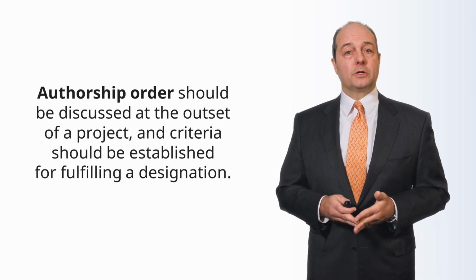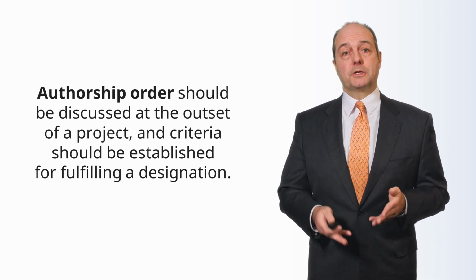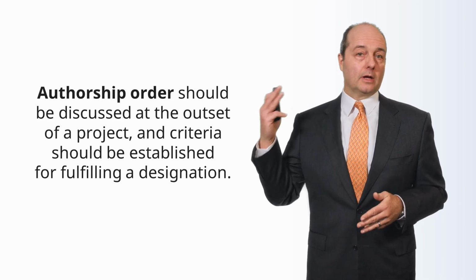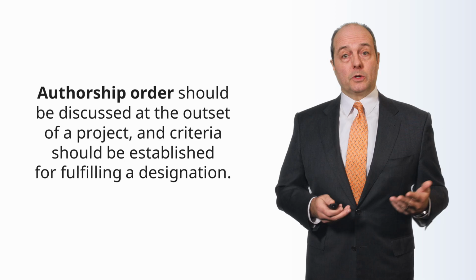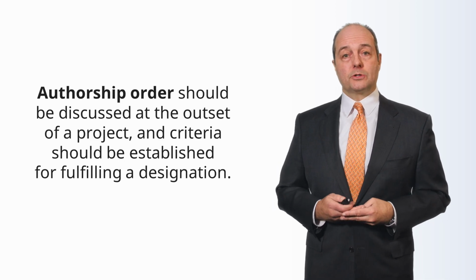Determining what the criteria are going to be for fulfilling a particular designation, whether you're the first author, the second author, the last author, all of that needs to be negotiated with your co-authors, your co-researchers. And it also means that, as a project evolves, it might change over time. Your responsibilities might change. Your authorship order might also change based on your contribution to the manuscript and to the research.